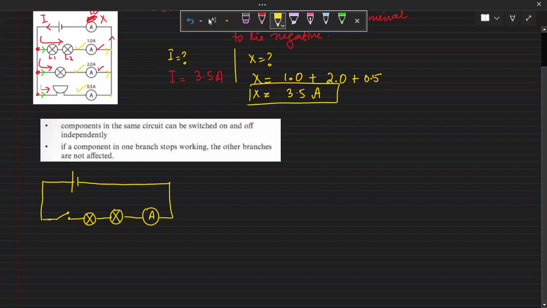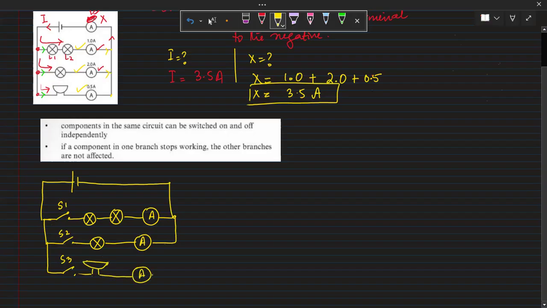Let me call this switch S1, and this switch 2. So we can control the components independently.